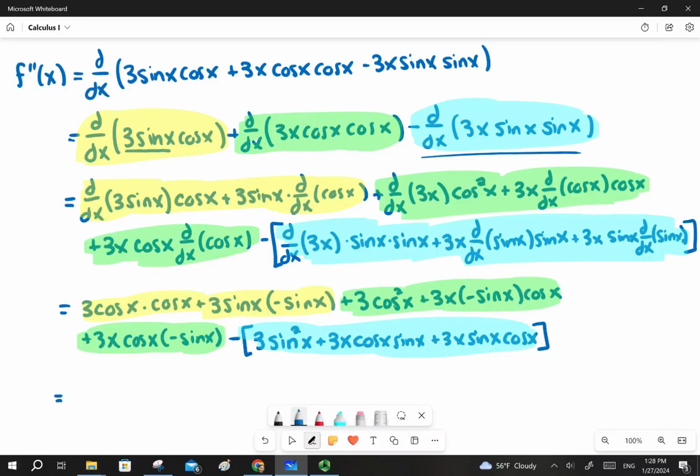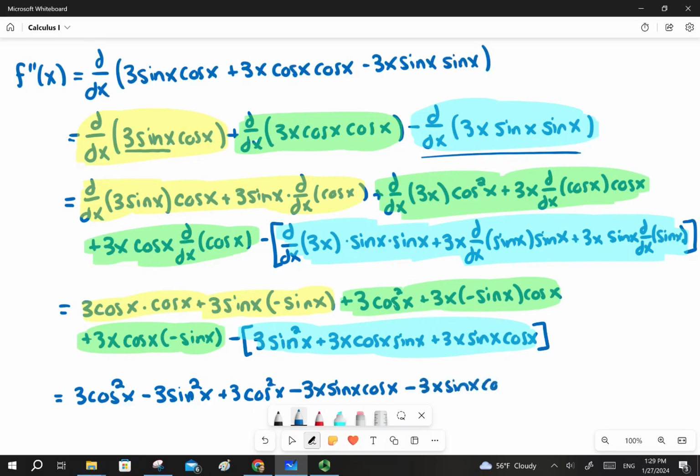So now anytime I have a product of the same trig function together, I'm going to write it as that trig function squared. So 3 cosine x becomes 3 cosine squared of x, then minus 3 sine squared of x. Then we have plus 3 cosine squared of x minus 3x sine of x cosine of x minus, same thing, 3x sine of x cosine of x.